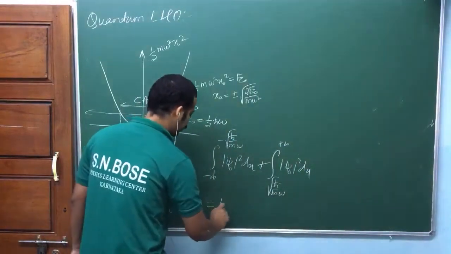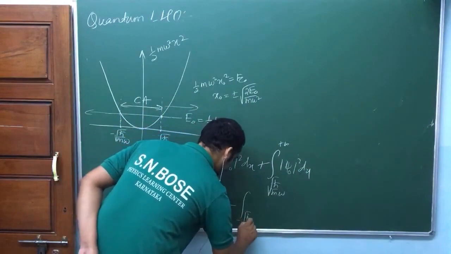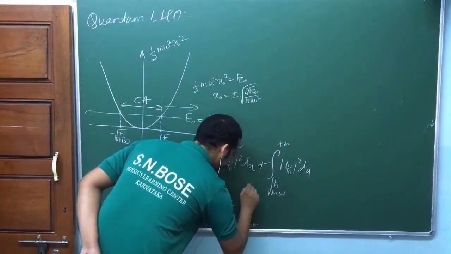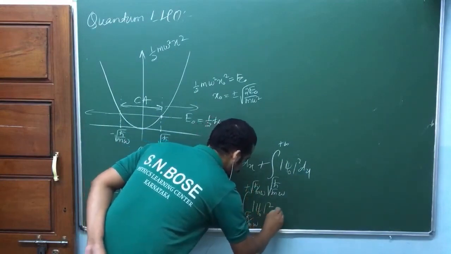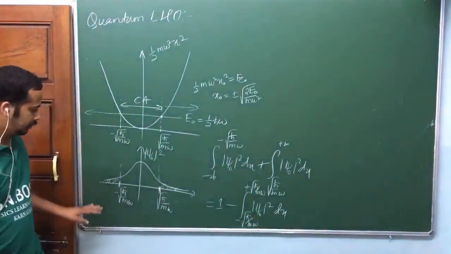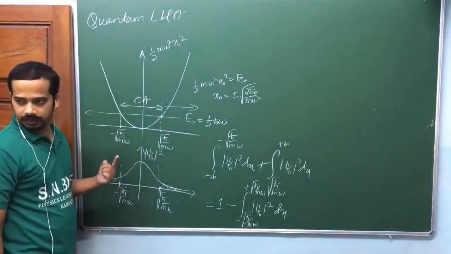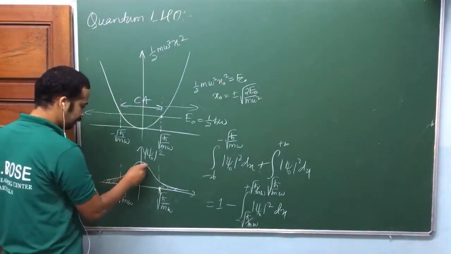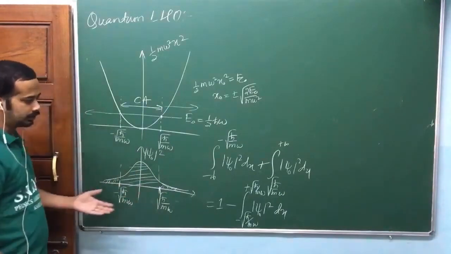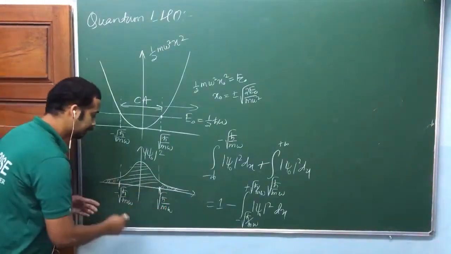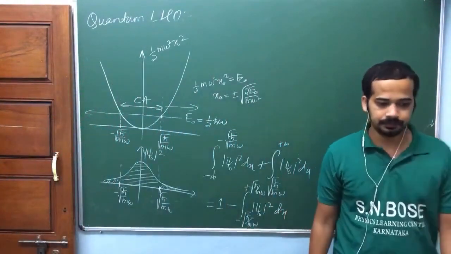Rather than writing this, I can write 1 minus the integral from minus root of h bar by m omega to plus root of h bar by m omega of mod psi naught square dx. Am I right? This area is equal to 1 minus this area because the total area under the curve is 1. Sorry, outside area is 1 minus inside area, that's it, okay? You can write it like this also.